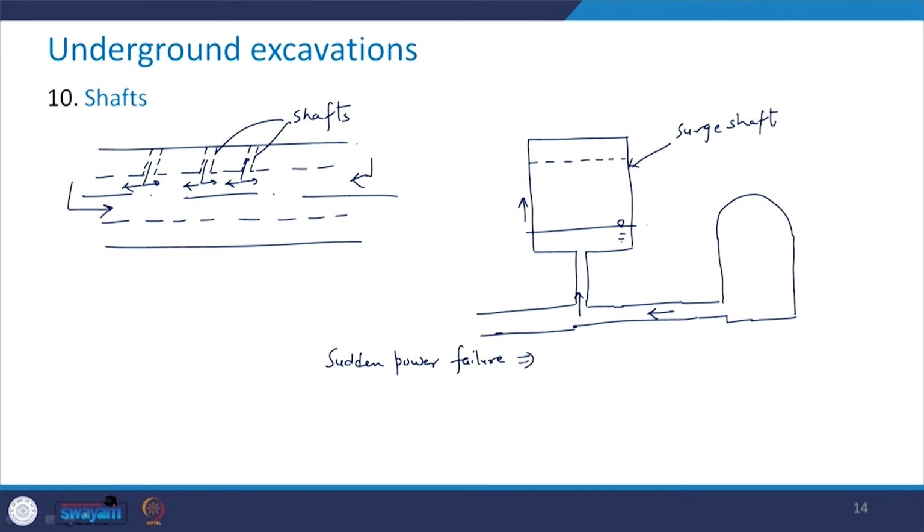The energy of the backward surge is dissipated in the surge shaft.